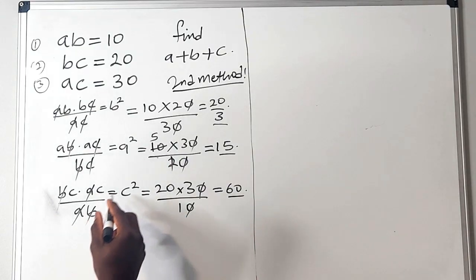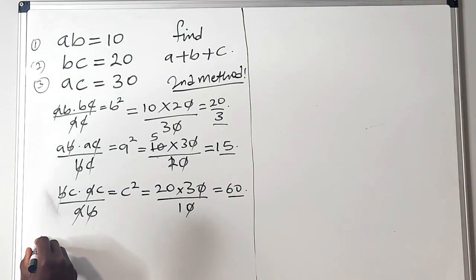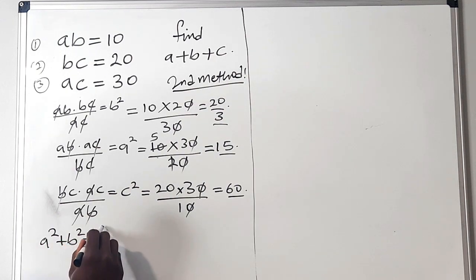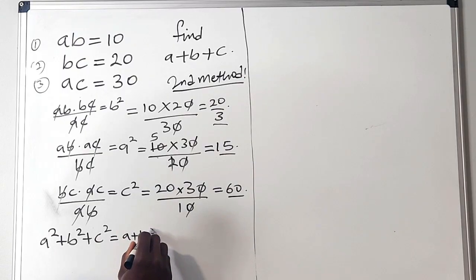So now we have A squared plus B squared plus C squared. That's not the same thing as A plus B plus C all squared.